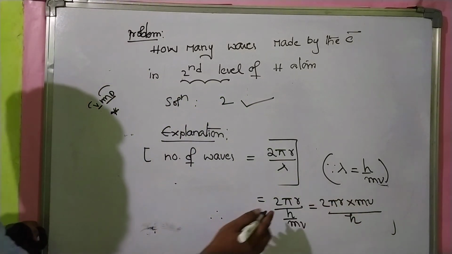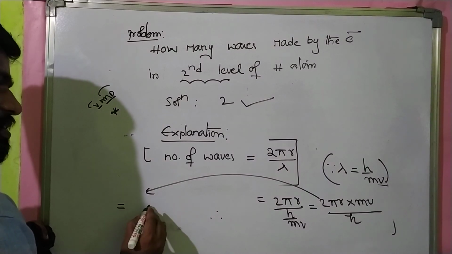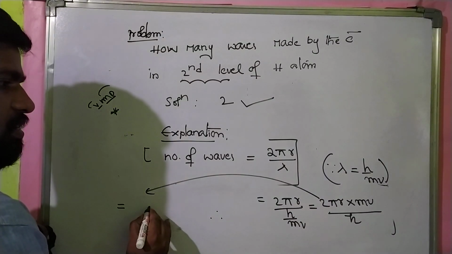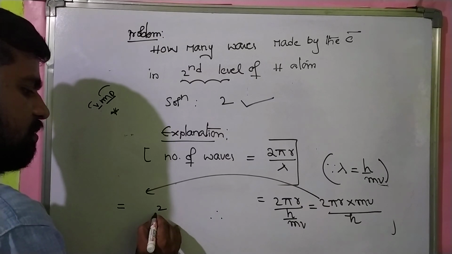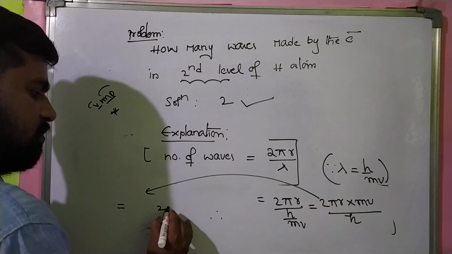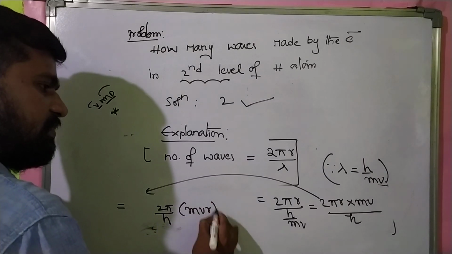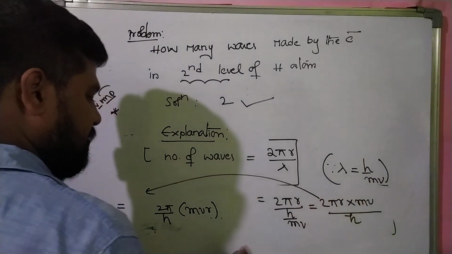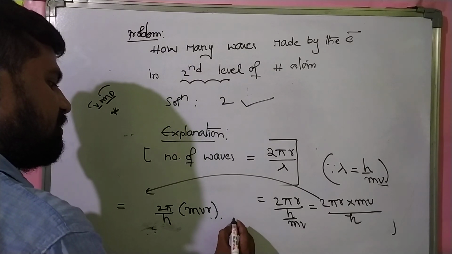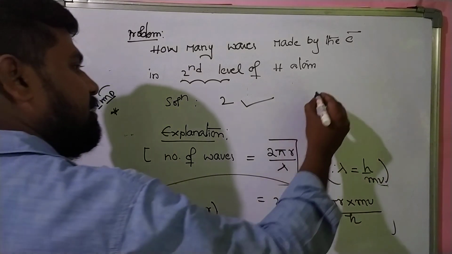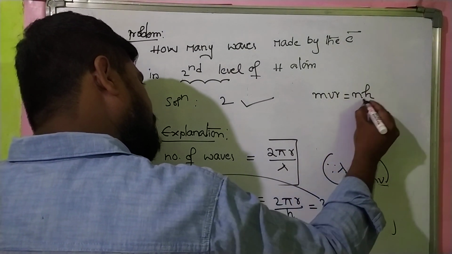It can be written as 2 pi by h into mvr, but we know that mvr equals nh by 2 pi.